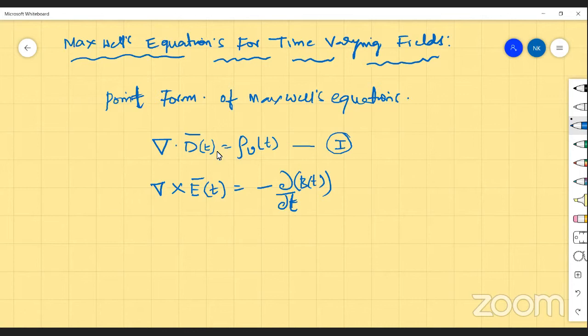So what is E bar? E bar is electric field intensity. What is B bar? B bar is the magnetic flux density. So that will be the second equation.